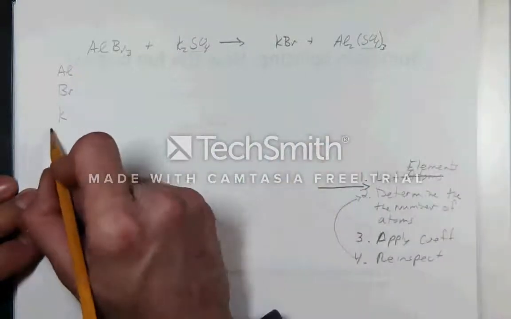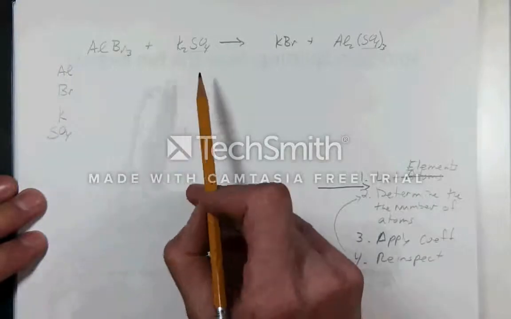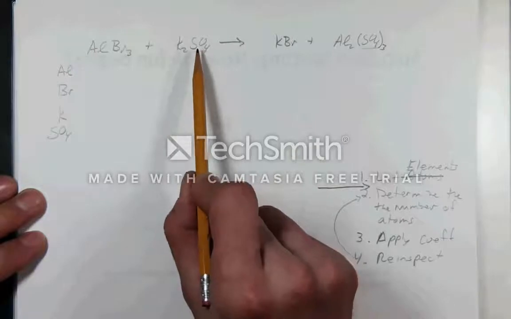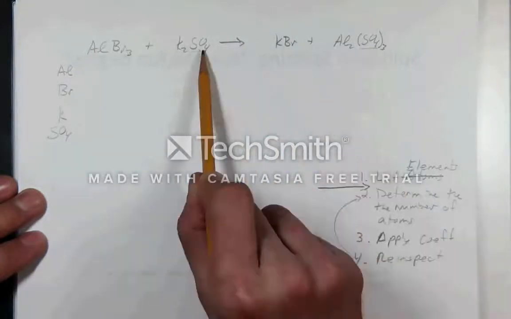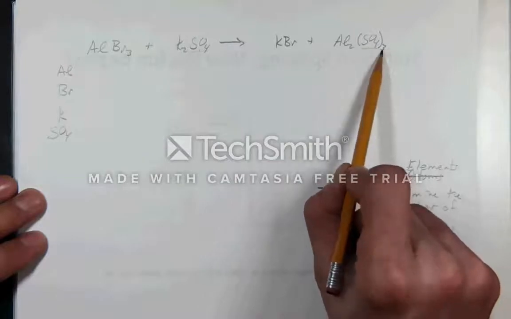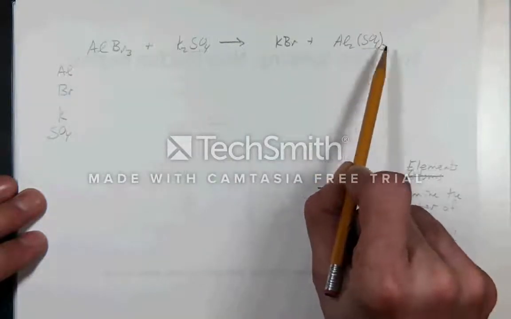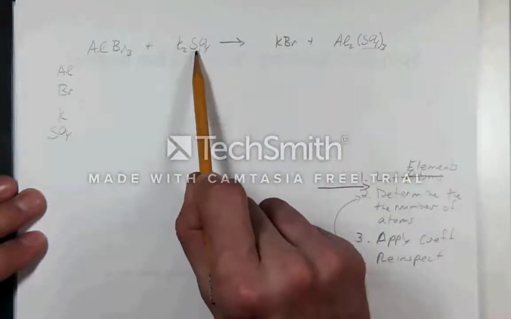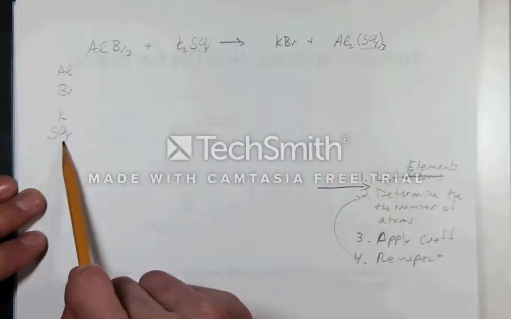For polyatomic ions, this is why it's really important to know your polyatomic ions. If it appears exactly the same in the reactants and products, SO4 and SO4, it doesn't matter that there are 3 of them here. This 3 applies to everything in parentheses. So there are 3 sulfates here, and 1 sulfate there, but it's still SO4. We can list it as the polyatomic ion. We do not have to break it apart into sulfur and oxygen.